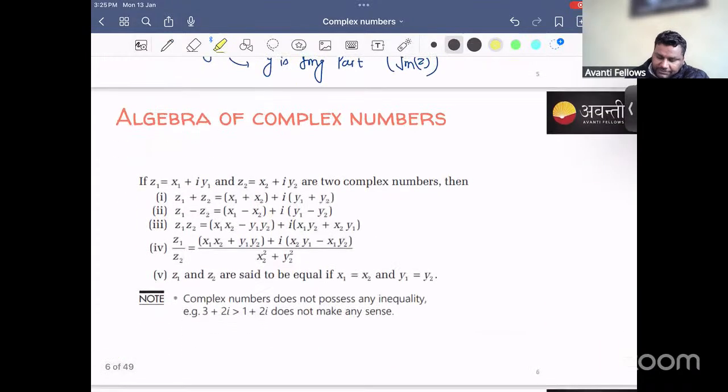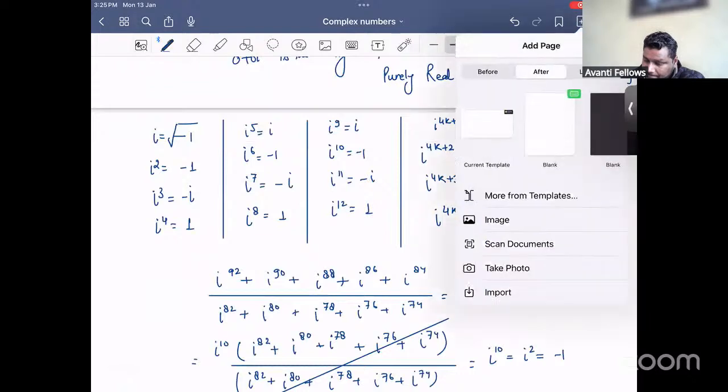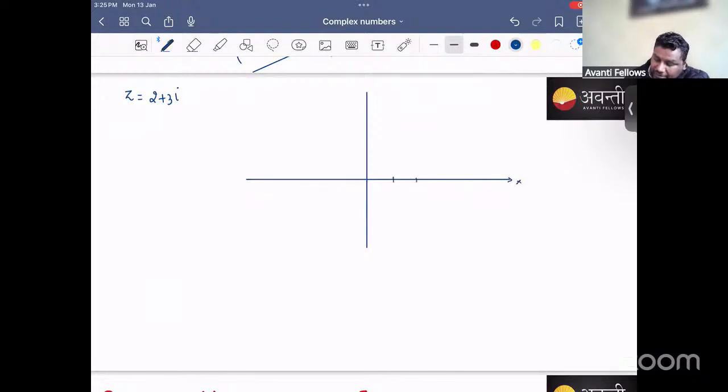That means if you want to express a complex number 2 plus 3 iota, along the real axis we move 2 and along the imaginary axis we move 3. You reach this point 2 plus 3 iota.